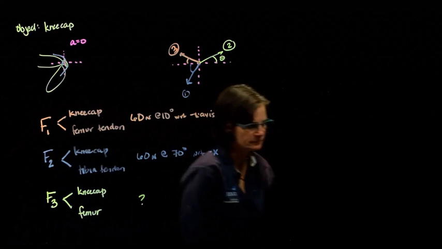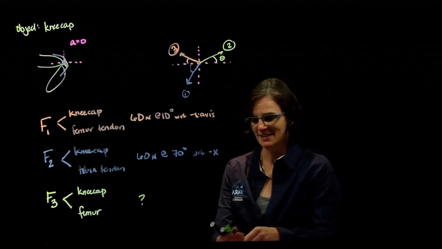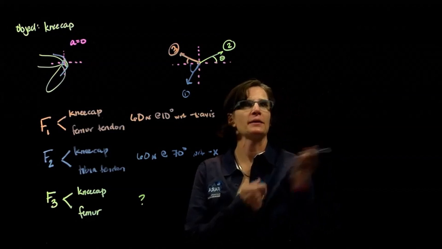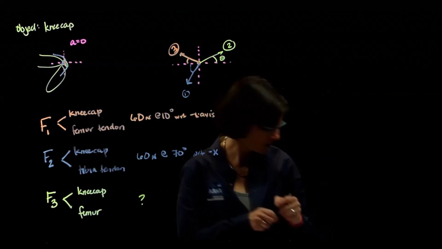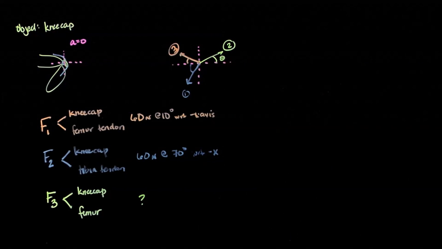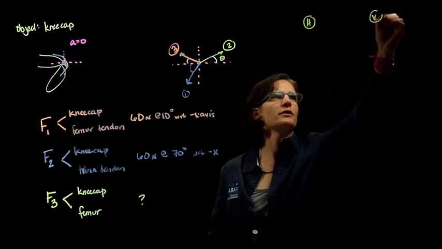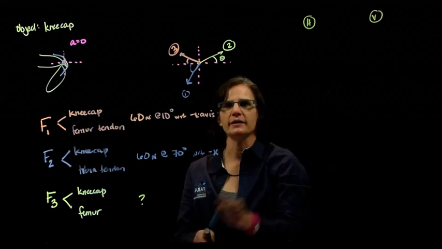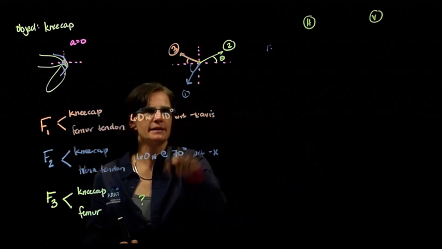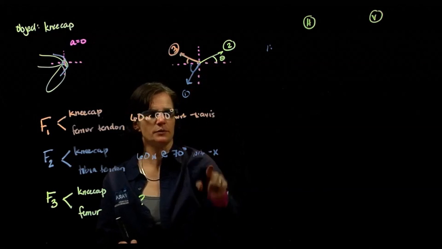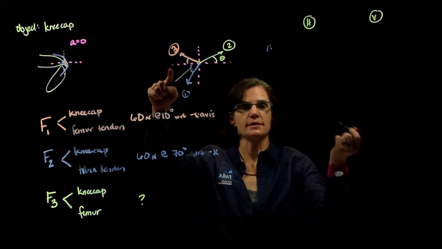Okay, so let's separate our forces and look at how they relate. We have our horizontal forces and our vertical forces. So force number 1 is 60 newtons. This is my 70 degrees with respect to the x-axis. So the horizontal component is adjacent, cosine.